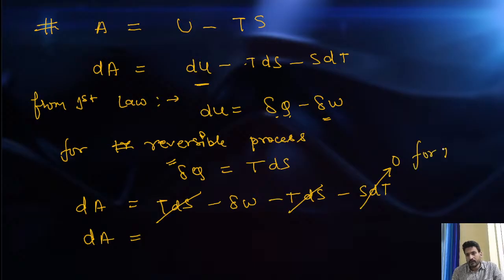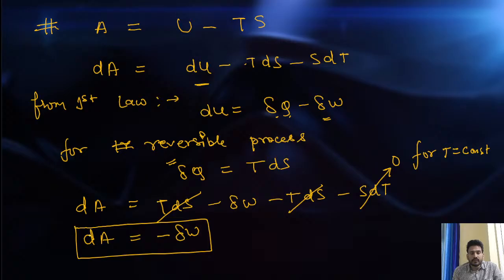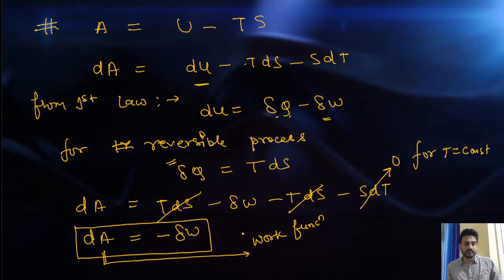So what is dA? dA will be minus del W. That's why dA is called the work function. It is the work function. Clear?